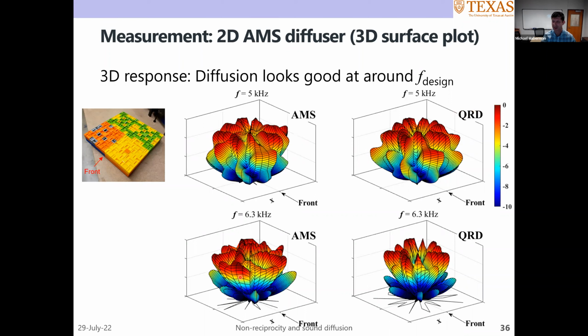And visually, you can tell here, this is the backscattered energy as a function of basically the polar angle and through all azimuth. And you can see that you get quite wide diffusion.